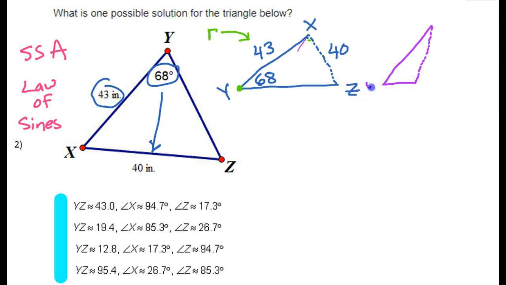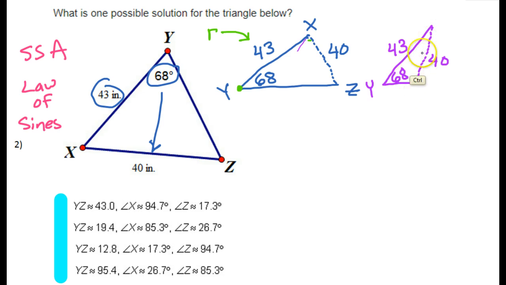The three pieces of information they gave us will stay the same. This angle is still 68. The rope is still 40, just swung inward, but this side right here is still 40. And this R side over here is still 43. Okay, all that is the same.